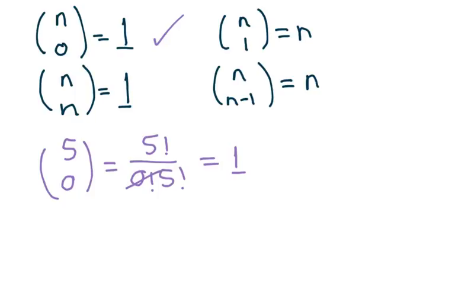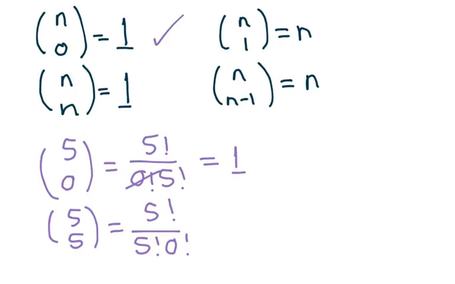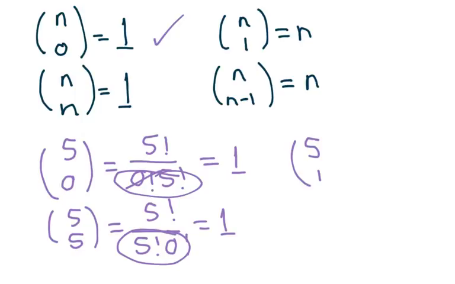So this was this one. Now if we have 5 choose 5, that's 5 factorial over 5 factorial times 0 factorial. And basically, these two just got rearranged. That equals 1. Now let's try 5 choose 1. So that would give us 5 factorial over 4 factorial times 1 factorial.